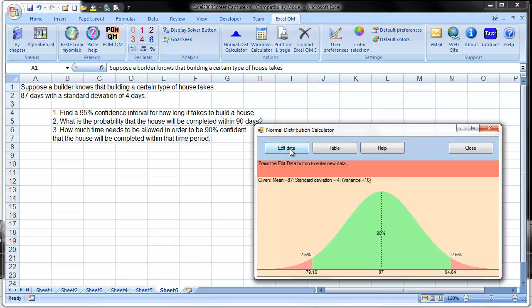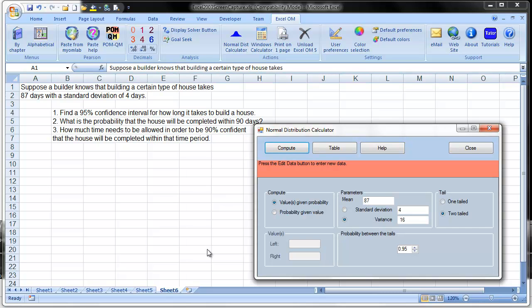I'm going to click on Edit Data to take us back to the information that has to be entered. What is the probability that the house will be completed within 90 days? So here what we're trying to do is compute a probability given a value. The mean and the standard deviation are the same, but this is one-tailed, so it's one cutoff. And that cutoff has to be entered. We didn't need to enter it before because we were looking for it.